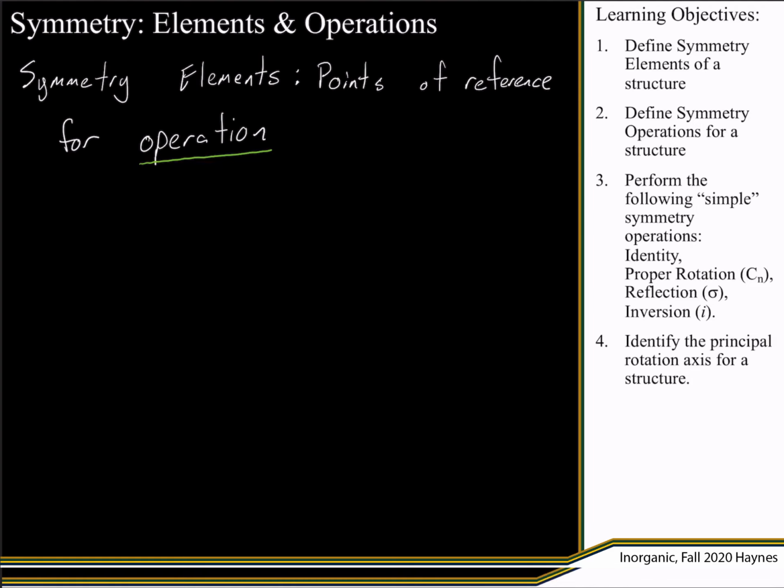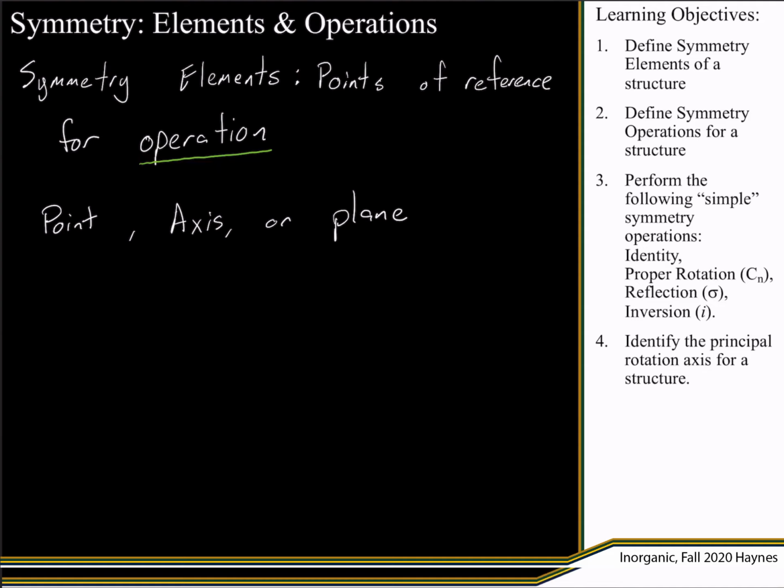But a symmetry element just describes one of three different things. It's either a point, an axis, or a plane. These are all mathematical terms that describe the location of a molecule, the location of an object. And then we're going to see what we do with these when we talk about operations in a second.